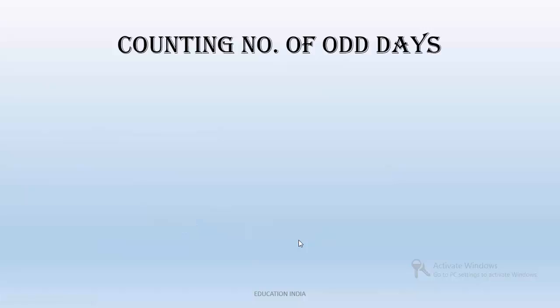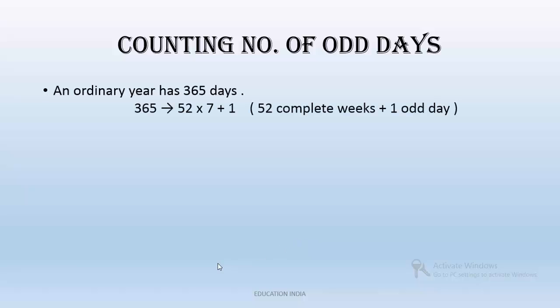Now, while solving problems, the basic step is counting the number of odd days. First of all, an ordinary year has 365 days, as you all know. It can be broken up as 52 into 7 plus 1. This 1 will be the number of odd days. Thus, when 365 is divided by 7, the remainder, that is 1, will give you the number of odd days.